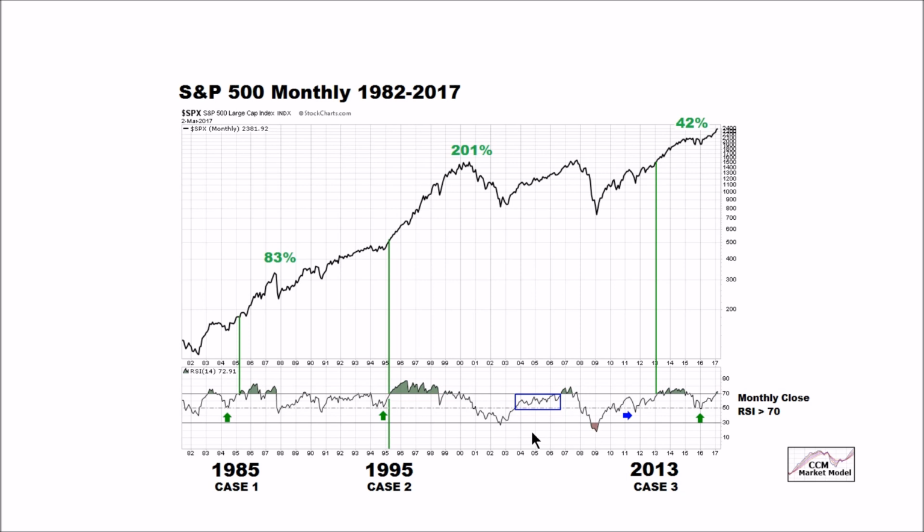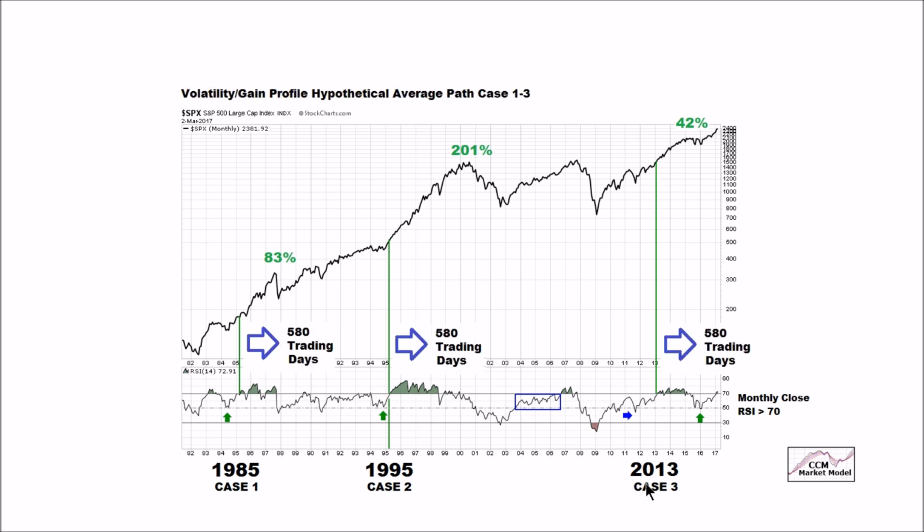If that's the case, we might be able to learn something about volatility to ignore relative to volatility to respect going forward by studying these cases. The shortest case, this case, was roughly 580 trading days. So we decided to look 580 days out from this point, which is similar to today, this point, which is similar to the present day, and this point here, which is similar to the present day.